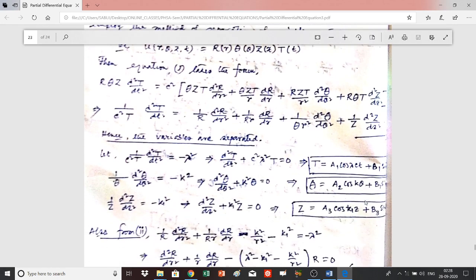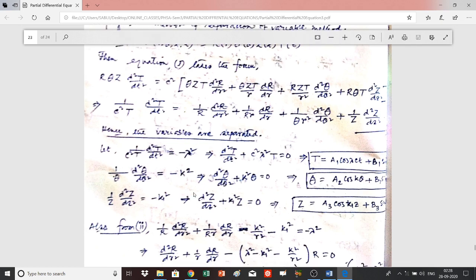So from equation number 2, or from this equation, you write this term: (1/R) d²R/dr² + (1/(rR)) dR/dr − (you know that (1/Θ) d²Θ/dθ² is equal to −k²) so −k²/r². Then this term is equal to −k², and we have taken this term equal to −λ².